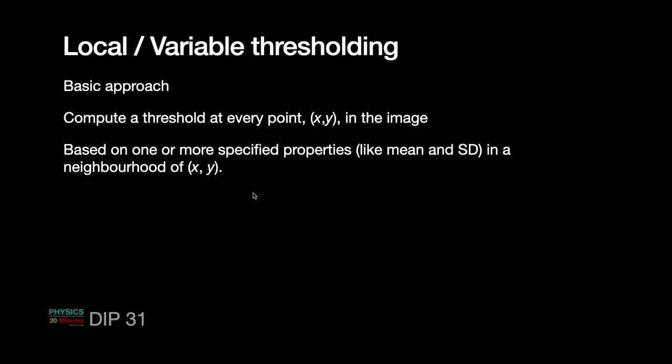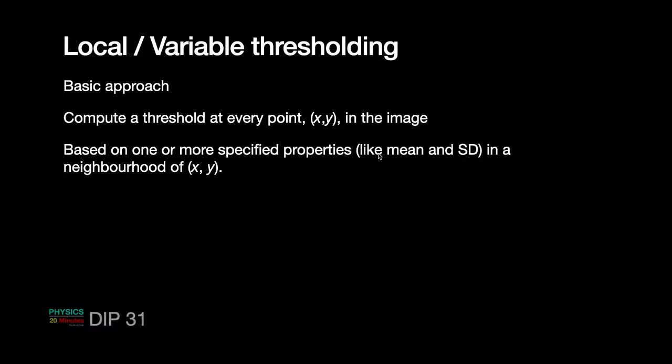Most of the time the properties which are used are the mean or the standard deviation in the neighborhood of xy. Suppose you take any xy, then you can select a small region surrounding it, maybe 3 by 3, 5 by 5, depending upon how you define. Then you find the mean in that region.